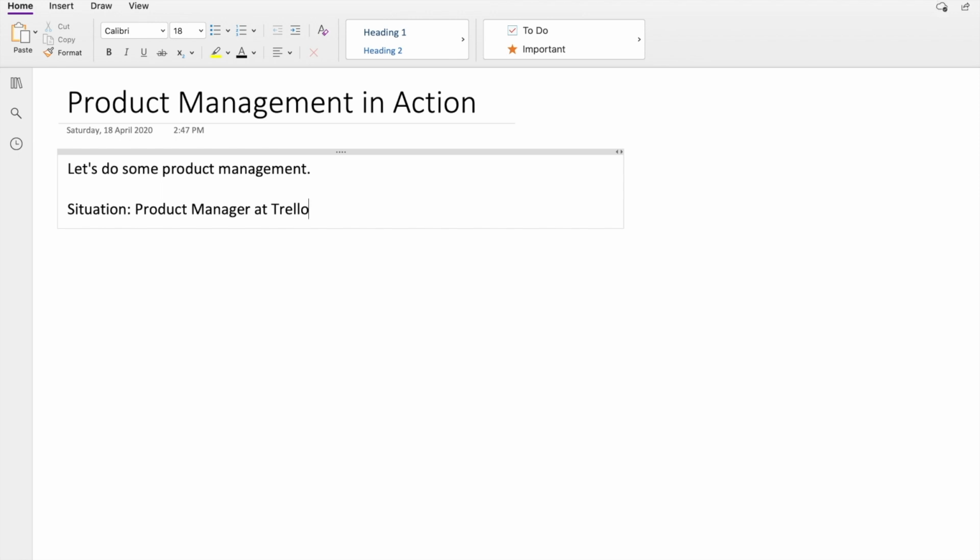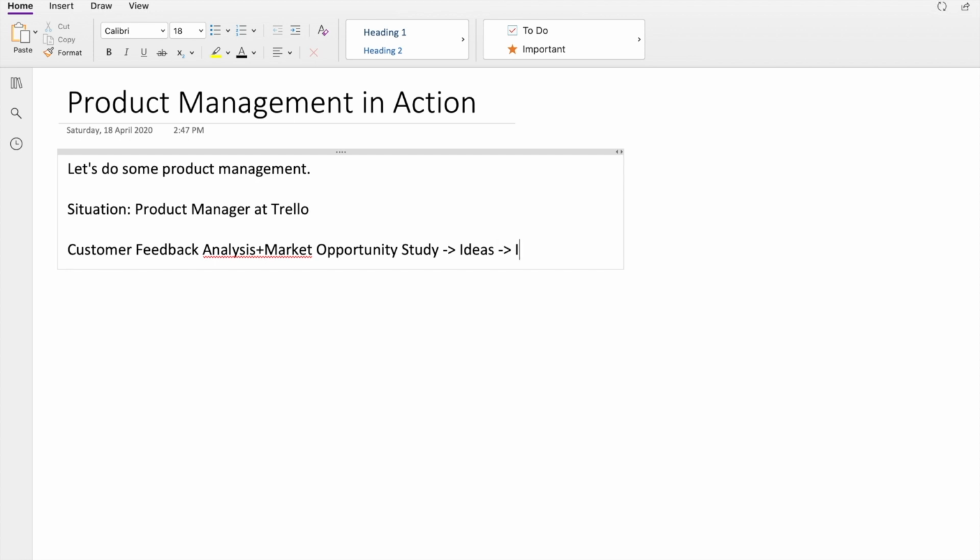I will consider myself as a product manager at Trello, and we will go through the entire gamut of product management right from customer feedback analysis to market opportunity study, and then we'll go and collect some ideas from the study.